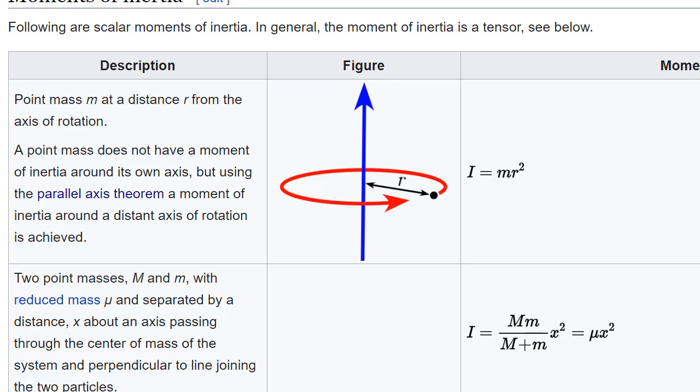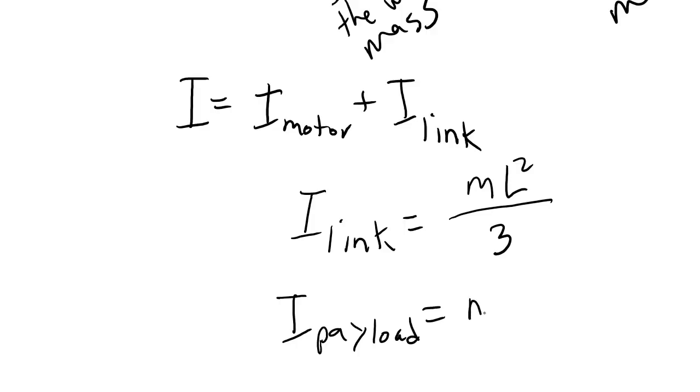If you can simplify the payload as a point mass, we can calculate its moment of inertia as the mass times the distance squared. The distance here is L, assuming that the payload is located at the end of the link. And this mass here is the mass of the payload, not the mass of the link.